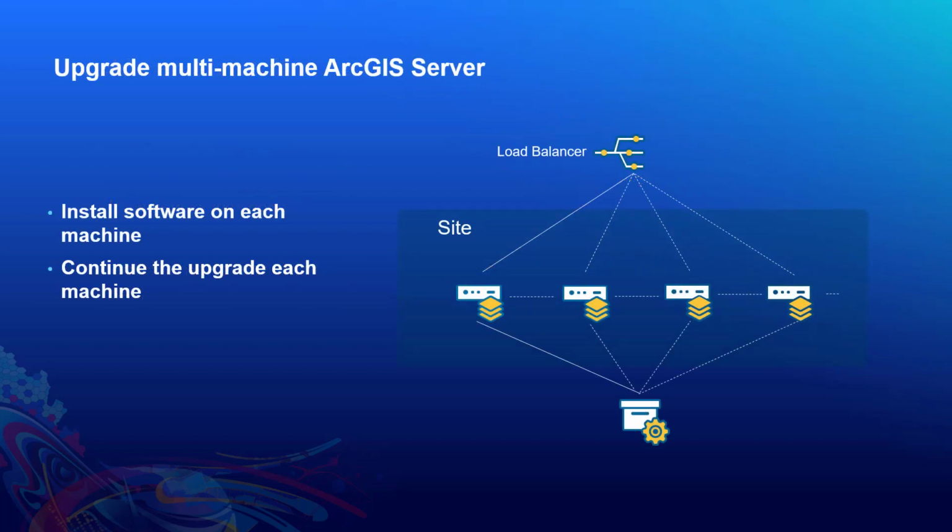When you're ready to upgrade a multi-machine server site, the upgrade is done sequentially on each machine. For example, you have a 4-machine multi-machine site, and you'll install the software on all machines, and then you'll continue the upgrade on each machine through Manager or the Admin API.